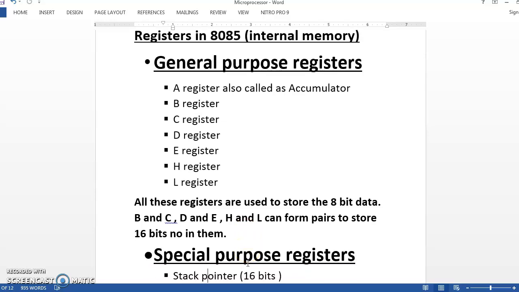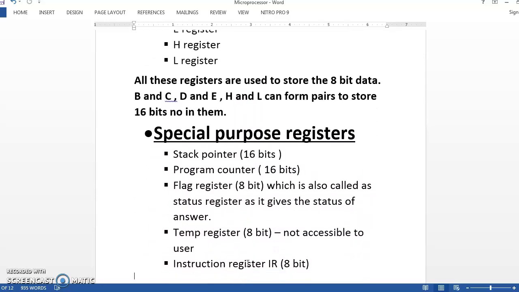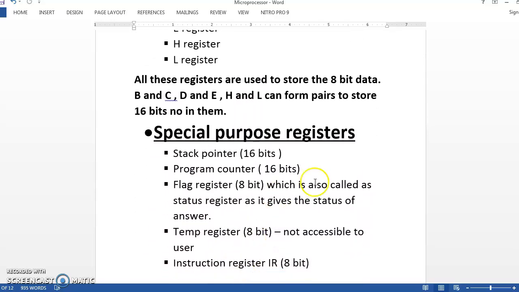Then you have the special purpose registers. The purpose or the functions of these registers we will see afterwards. Right now you just remember the names of the registers. Stack pointer, which is a 16-bit register. That is, a 16-bit number can be stored in this. Program counter, again 16-bit. Flag register, which is also called the status register, as it gives the status of the answer.